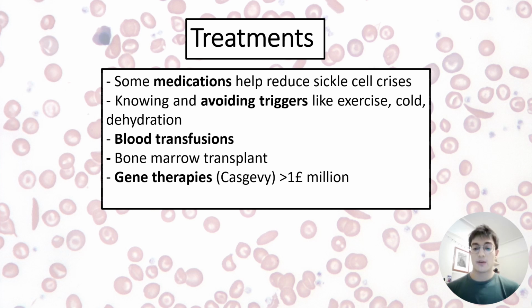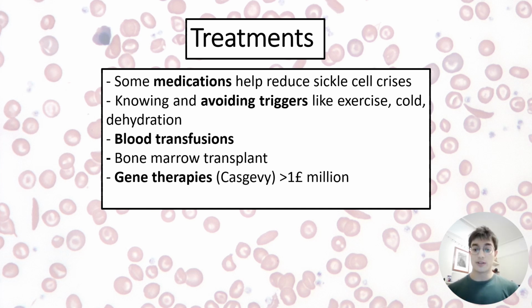And if you're someone with sickle cell and you have had a few crises, these people really are experts on their conditions. They know about avoiding their triggers. That can be something like avoiding the cold, avoiding exercising too hard, avoiding dehydration, being really careful when you have any kind of a flu.